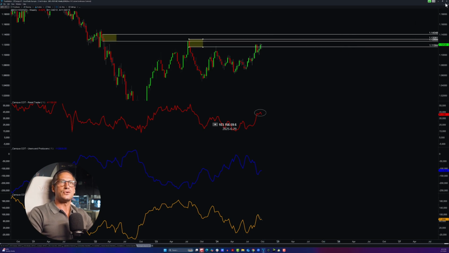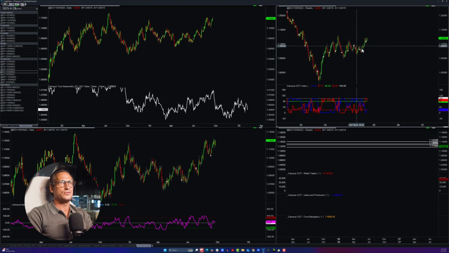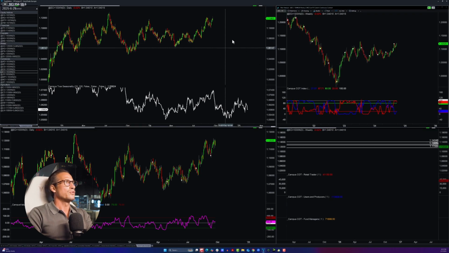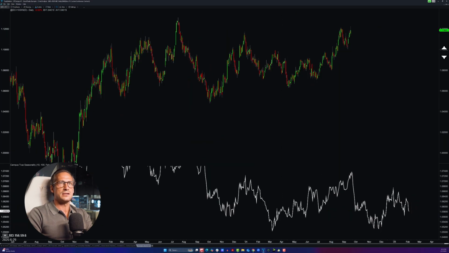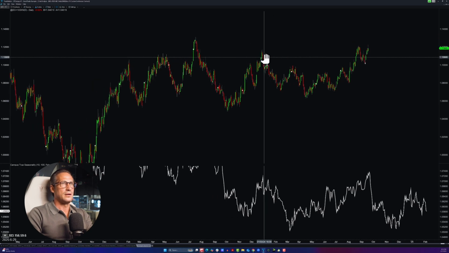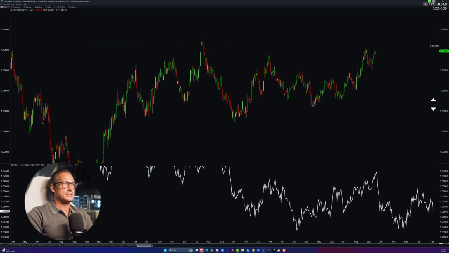From that area, I'm going into the daily chart here. On that daily chart, I put a horizontal line and I go to the left. And what do I see here?